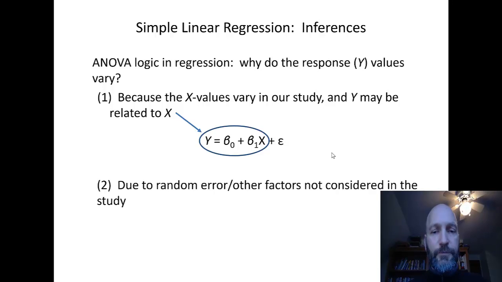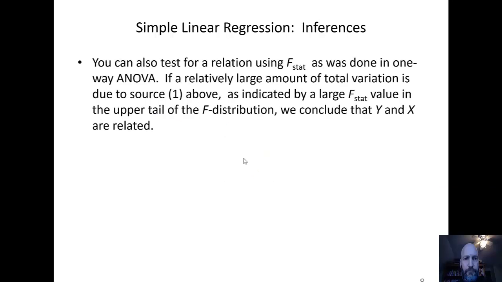The other part is stuff that we can't explain with our model, and sometimes that's going to have other factors that maybe we could put in the model, but there's always going to be some error or randomness as part of that. So the two sources are the x variable and randomness.